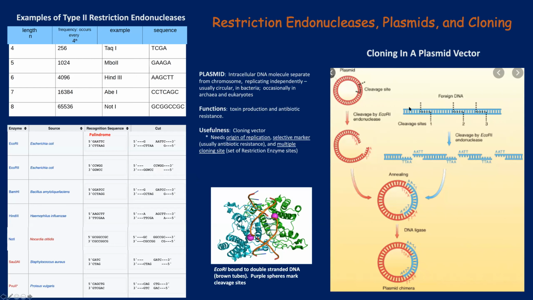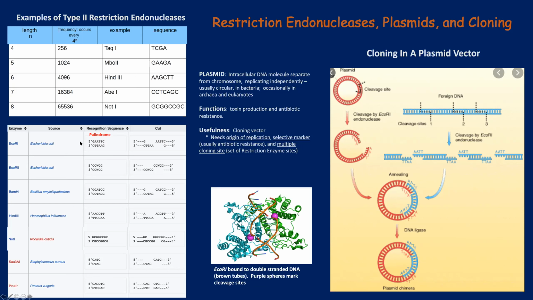Now let's look at the right. This is how you clone a piece of DNA. Start with this red circle, a plasmid, which has a cleavage site. It turns out the site used here is for EcoR1.